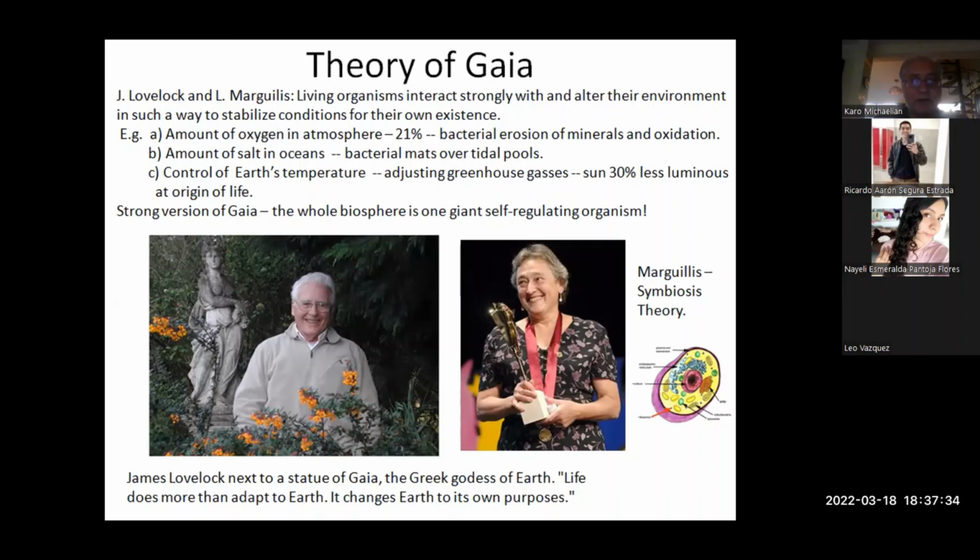They also found, for example, that the levels of salt in the oceans have been relatively constant for a long period of time. And how does life keep the salt in the oceans constant? Because, you know, when rainwater goes on land and precipitates into the surface, it takes with it salts from the material on land and brings them to the ocean.